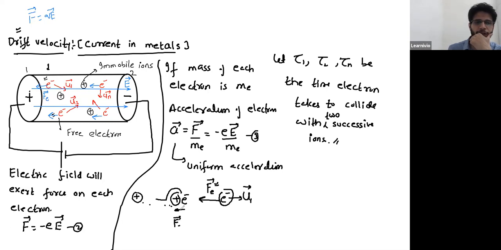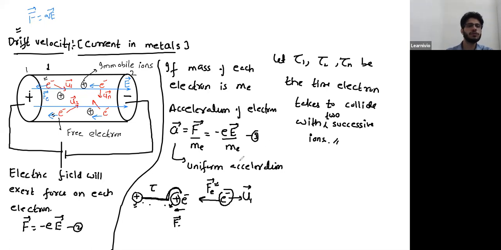Then again, the electric field will exert force on the electron. Then this electron will move and collide with another ion. So the time between this first collision and this second collision of an electron is represented by tau. This is tau, the time between two collisions. Is it clear now? Yes, sir.